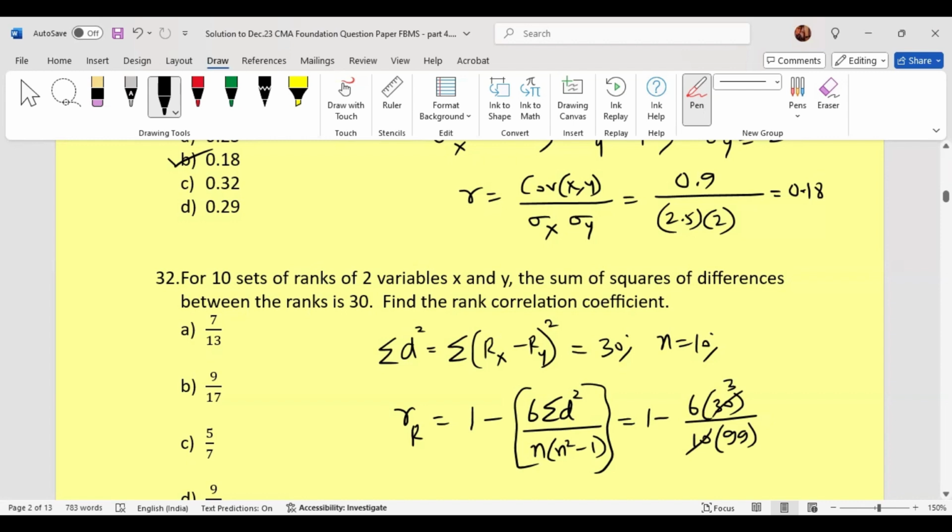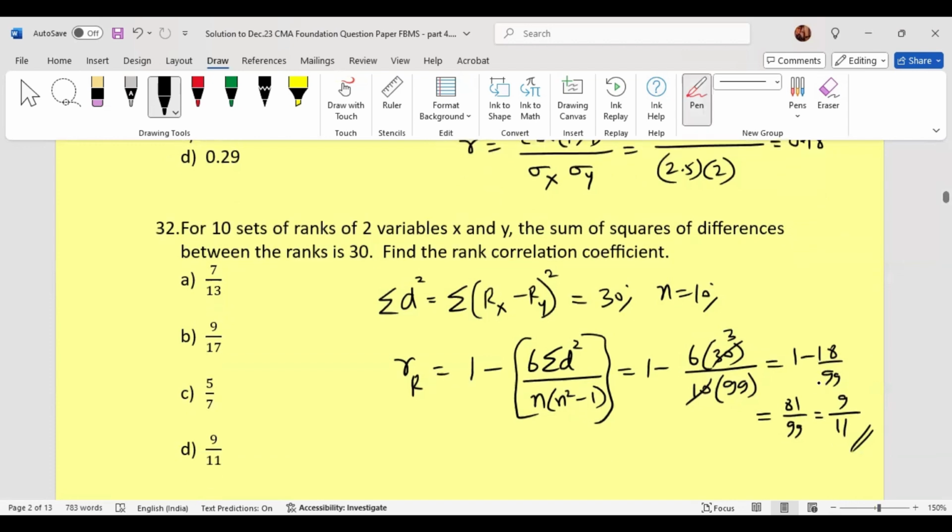So if we calculate, we get 1 minus of 18 by 99. If we evaluate that, we will get 81 by 99. That we can simplify. Both are divisible by 9. 9 9s are 81. 9 11s are 99. So the option is 9 by 11. That is option D.